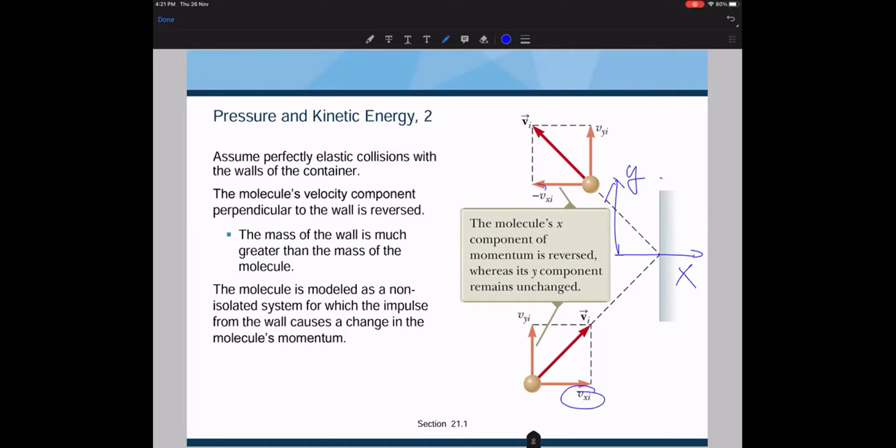After bouncing, it would move with minus Vxi. The reason why they are the same is because the wall is much, much heavier compared with the particle. So the bouncing would be with completely the same magnitude, but opposite direction. So the wall would be providing the action force to push the particle.